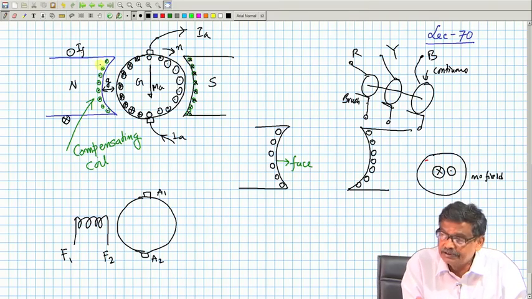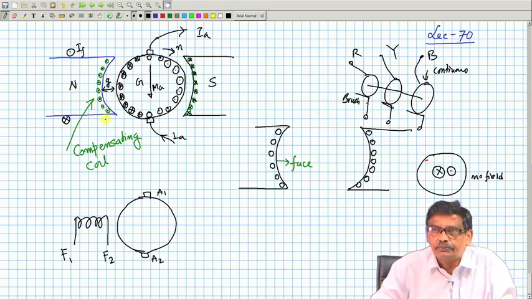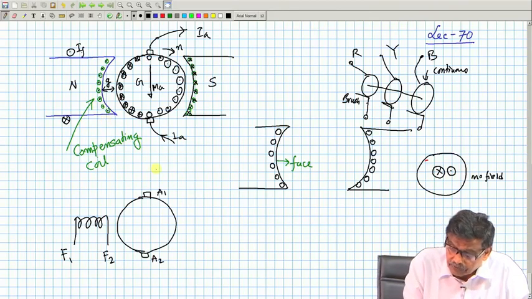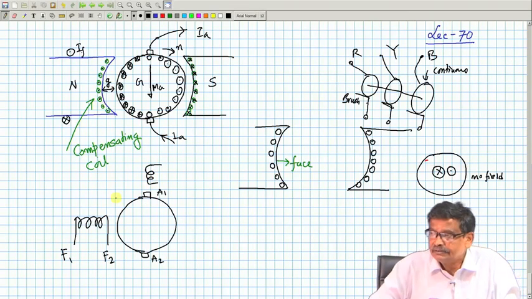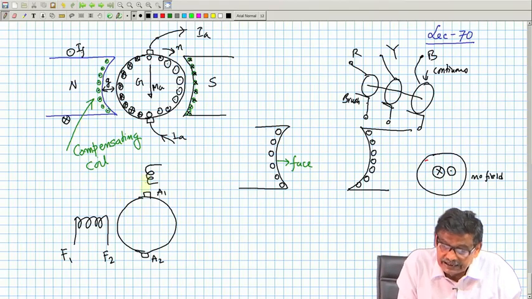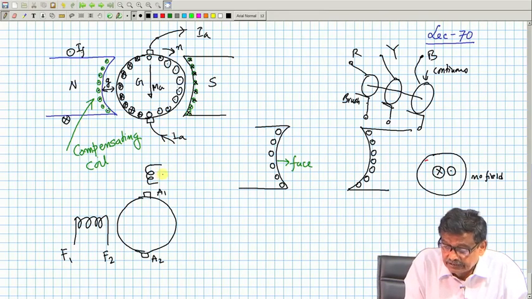Cross, coil comes here, another turns, and this runs on the stator structure, through that you make this winding. Therefore, compensating coil can be shown like this. Its magnetic axis is along the quadrature axis, and this is the compensating coil.